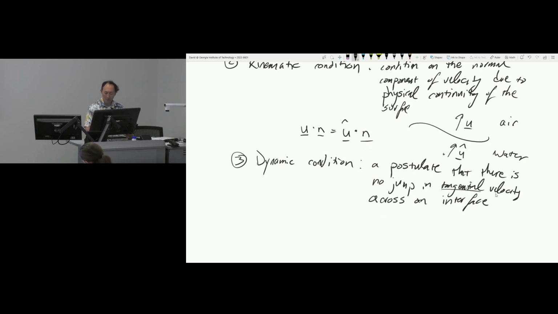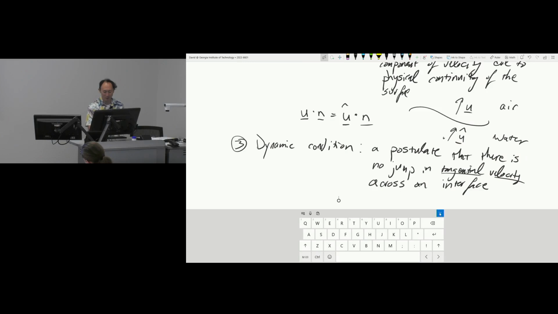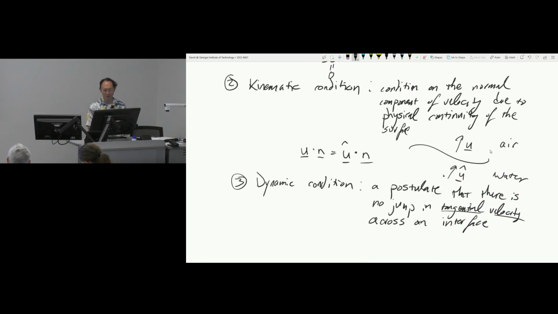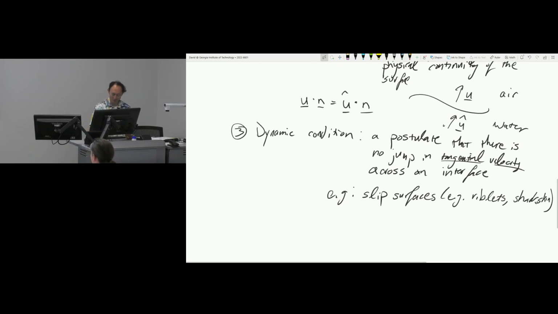So you might say, why do people bother splitting the kinematic and dynamic conditions? Why don't we just say the u in the air is equal to the u in water? There are special cases called slip surfaces, riblets, and shark skin.